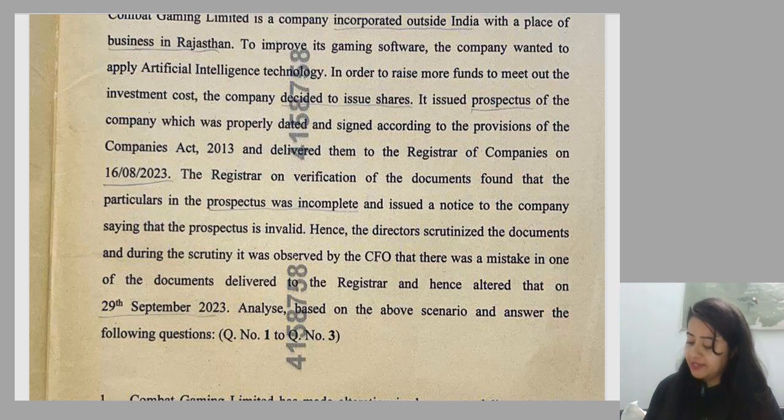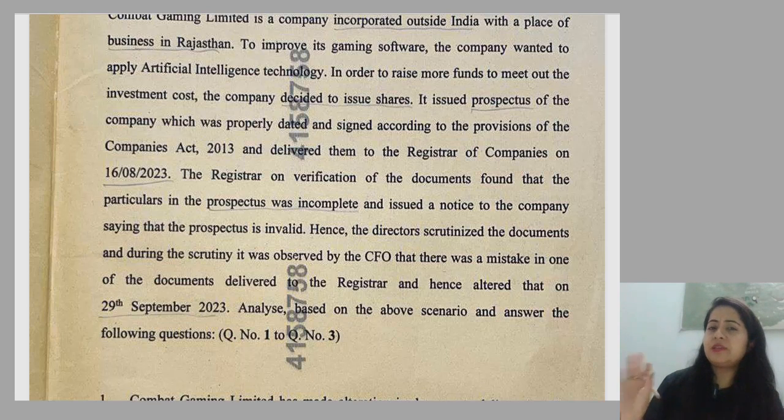The directors scrutinized the documents and during the scrutiny it was observed by the CFO that there was a mistake in one of the documents delivered to the Registrar of Companies and it altered that document on 29th of September 2023. So we know when a company is incorporated outside India, such a company will have to register itself with the Registrar of Companies in India in New Delhi, right?